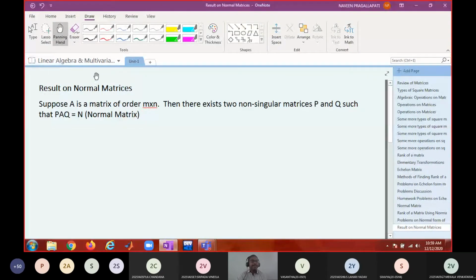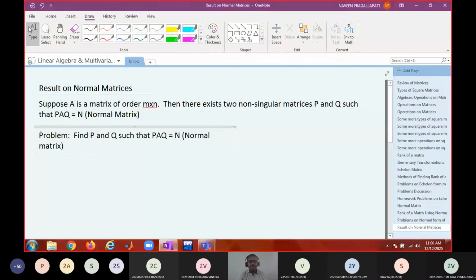So take the problem. Find P and Q such that PAQ equals the normal matrix, where A is given by.